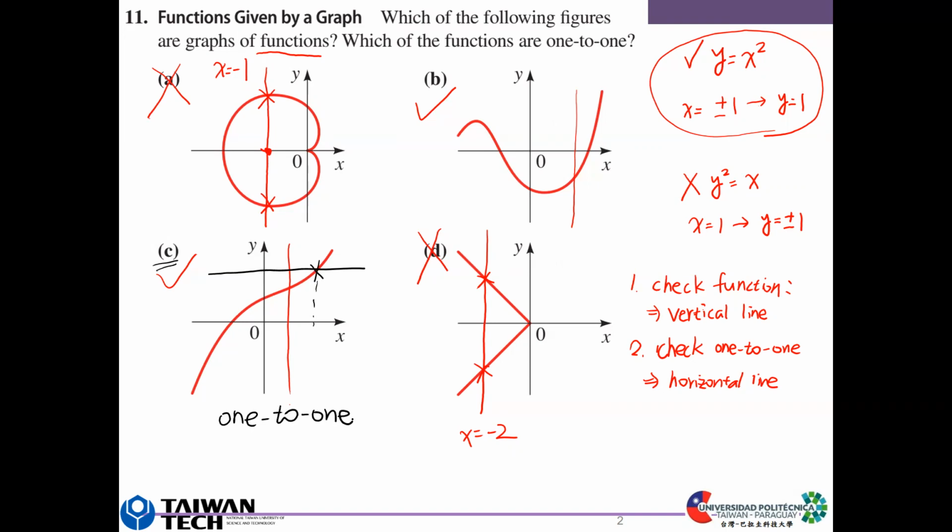And for function B, if you draw a horizontal line at a certain point, it has multiple intercepts. That means for the same value of y, it generates multiple x, and it is not one-to-one. So B is only a function.